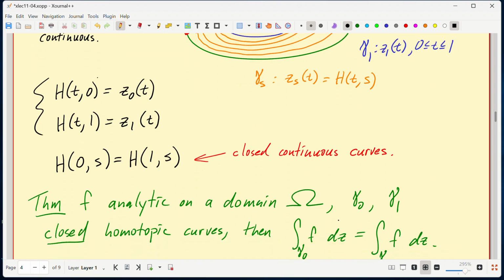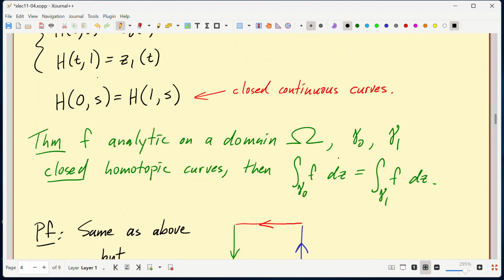Well, the big theorem, with exactly the same proof as the one I gave for the fixed endpoints, is that if f is analytic on a domain and those two are closed homotopic curves, because of course gamma naught and gamma 1 are piecewise C1 smooth curves when I use this theorem, then the integral of f around those curves is the same.